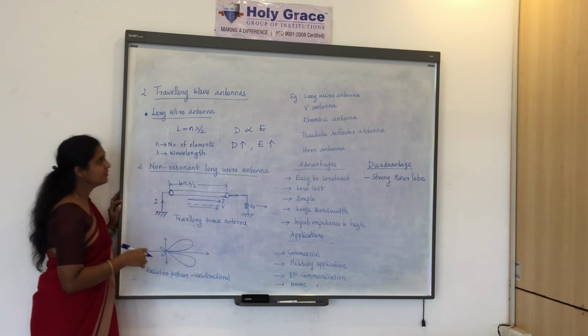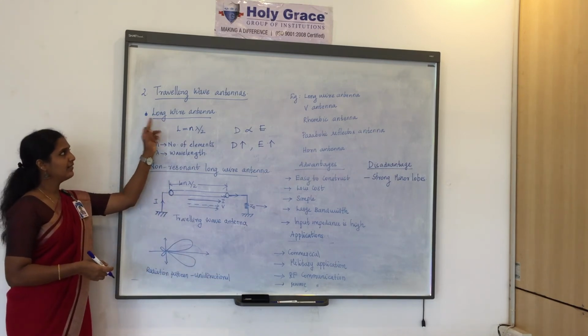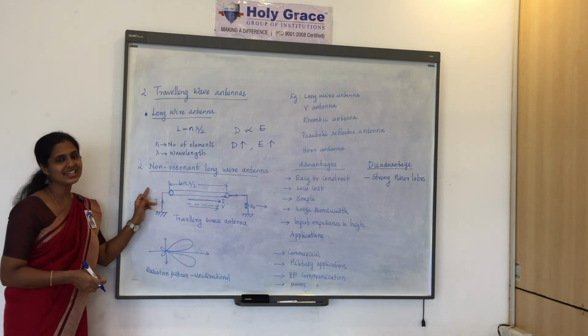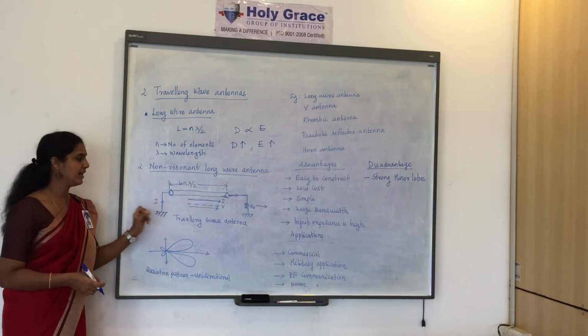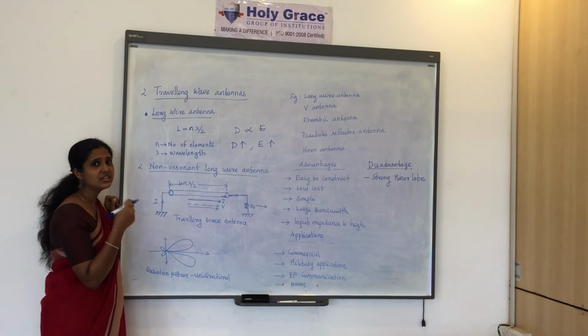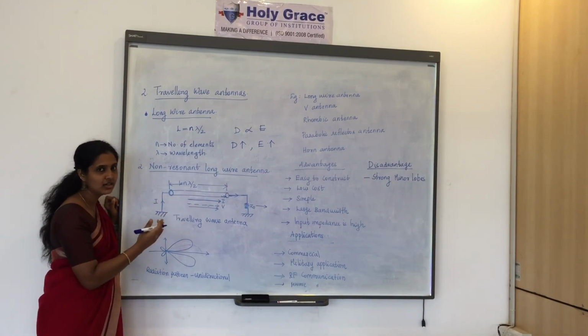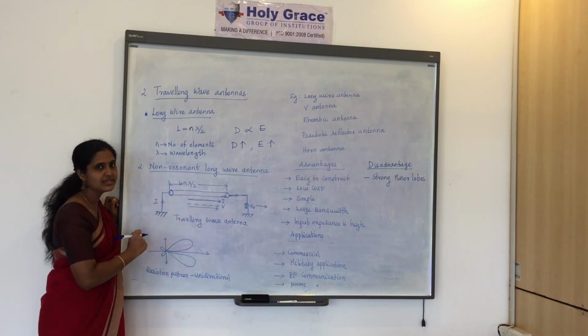So what is a traveling wave antenna, as I first said? A non-resonant long wire antenna is known as a traveling wave antenna. As the name indicates, the waves are traveling, there is no reflection and no standing waves are present.